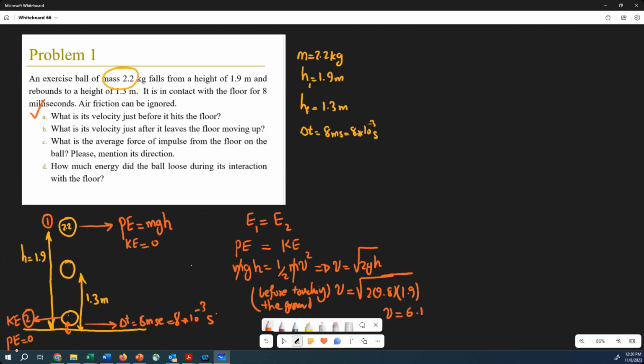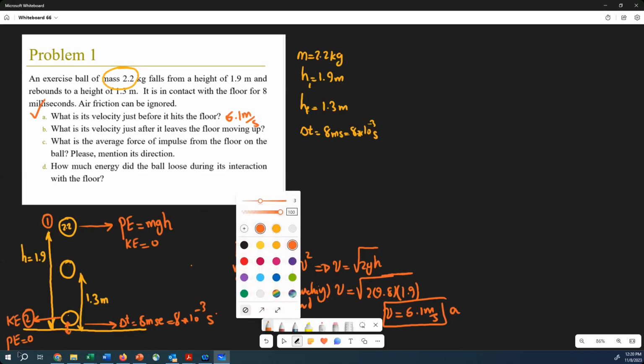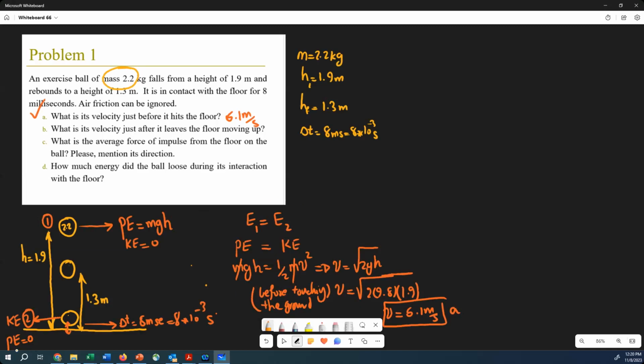Okay, so this is going to be the velocity before hitting the ground. This is part A, so we solved part A, which is 6.1 meter per second.